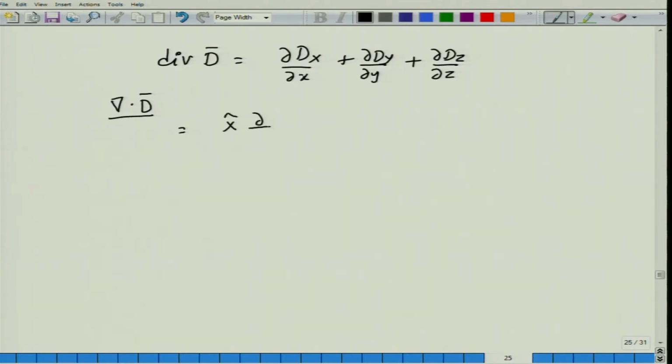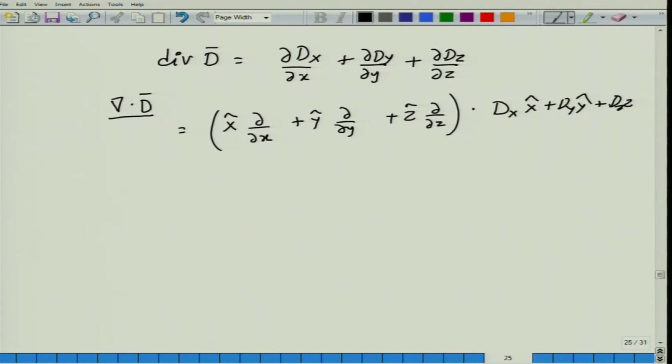That is the operator x hat del by del x plus y hat del by del y plus z hat del by del z. So if I now take the dot product of this with dx x hat plus dy y hat plus dz z hat, I clearly obtain the above expression.